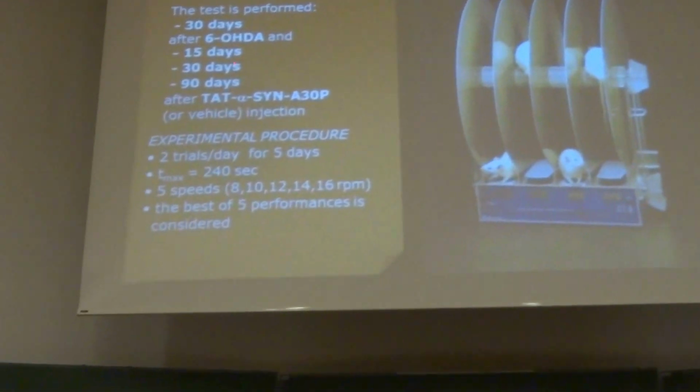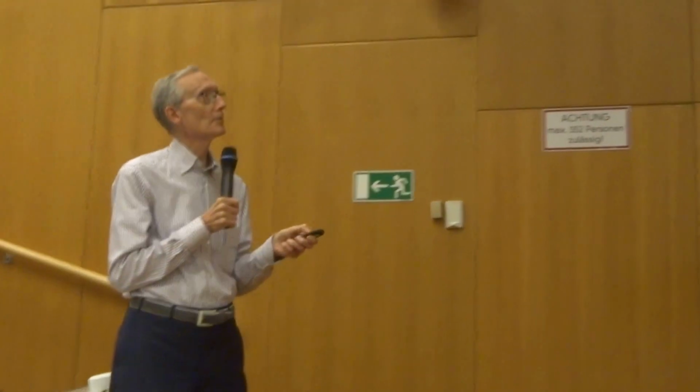So we injected 6-hydroxydopamine and did the test after 30 days, or injecting the TET alpha-synuclein fusion protein, and tested after various times. So we set a time limit in different speeds, increasing speed until the animals fell off. Did this daily for 5 days and compared the effects of this neurotoxin with our fusion protein injection.